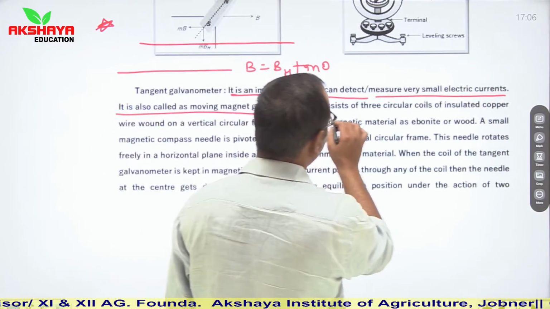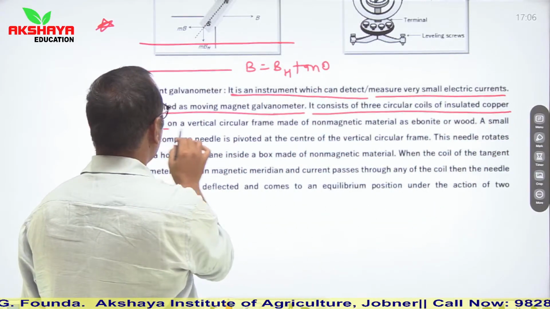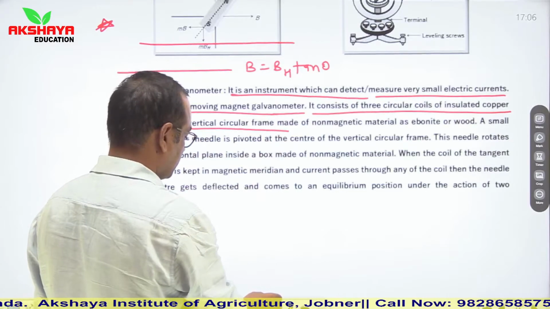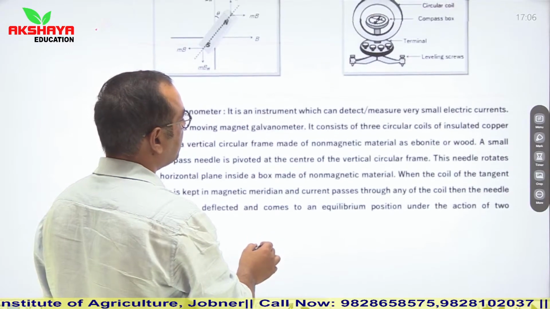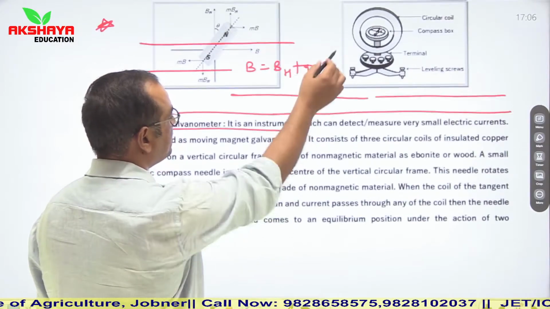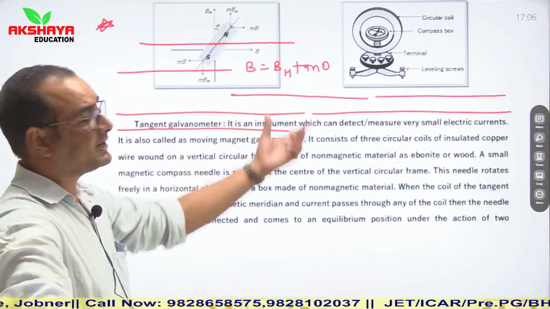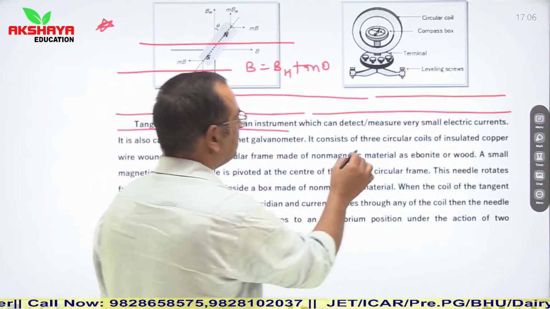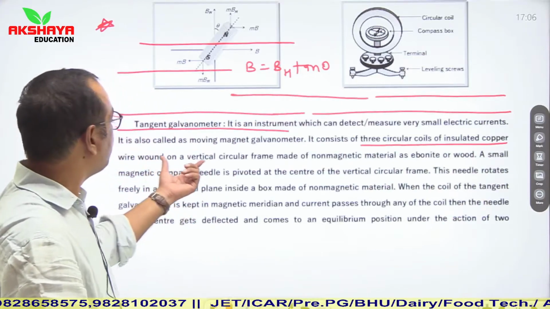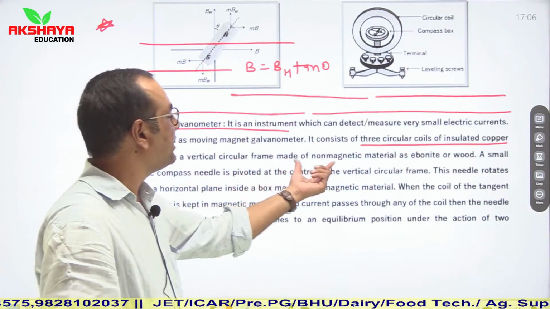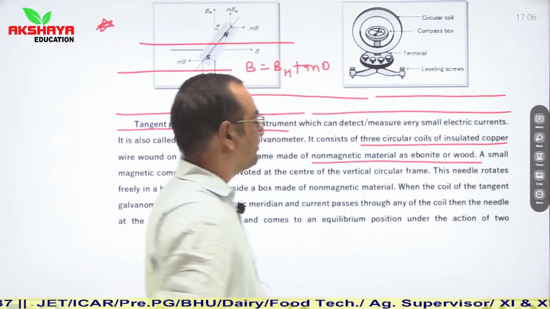It consists of three circular coils of insulated copper wire wound on a vertical circular frame. You can clearly see it from its diagram. The circular frame is made of non-magnetic material such as ebonite or wood.